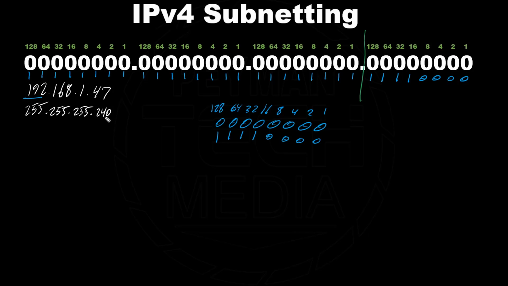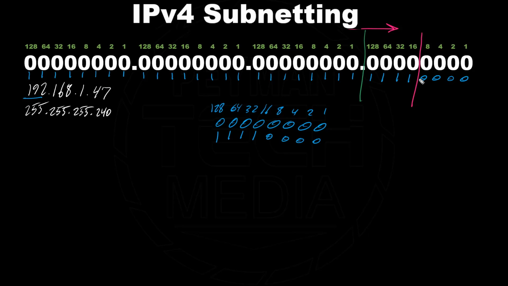So when we convert 240 decimal to binary, this was our binary. Therefore our new cut line is this one. So we moved the original cut line from left to right. That's an example of subnetting. Anytime we move this cut line to the right, we will have fewer IP addresses.